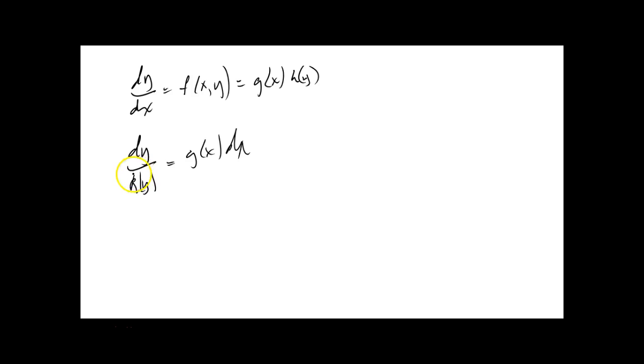Okay? Now, what they did is rewrite 1 over h of y to be p of y. And for the life of me, there probably is a reason, but now it looks like this: p of y dy is equal to g of x dx. Now, that looks nicer for integrating purposes.